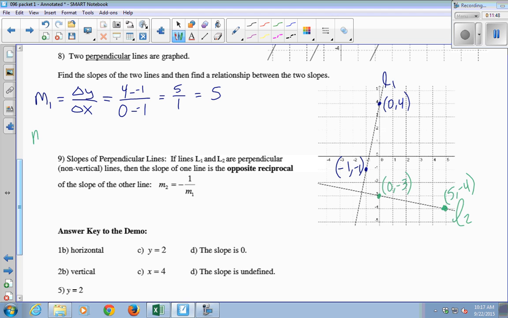I'll call it m sub 2 to be the slope of line 2. Change in y over change in x. So my y is -4 minus -3. Subtract the y's, and then subtract the x's, 5 minus 0. So -4 minus -3 is -4 plus 3, which is -1. 5 minus 0 is 5.